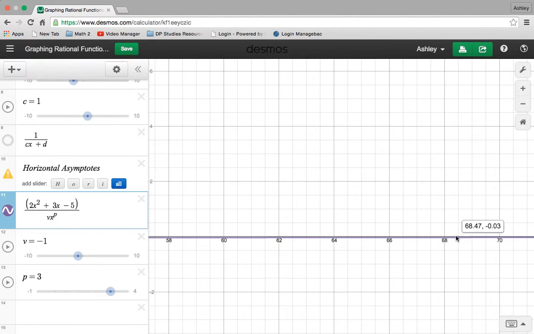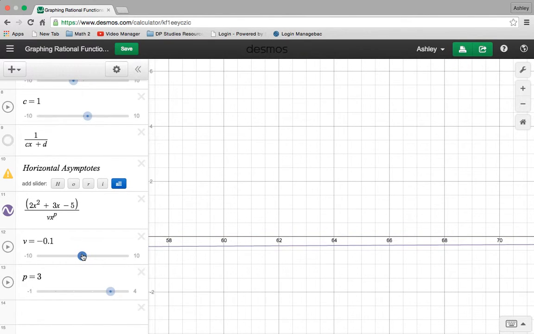You have to realize that if I take 2 and I divide it by -1 with my coefficients here, this is still going to be approaching 0 from the negative side. If I make this number positive, did you see it do its jump there where it's coming from below and then boop, now it's approaching 0 from above. So those are little things you might want to be aware of.